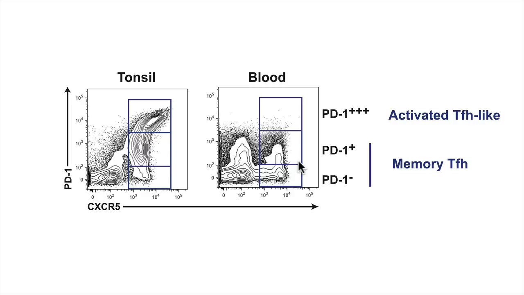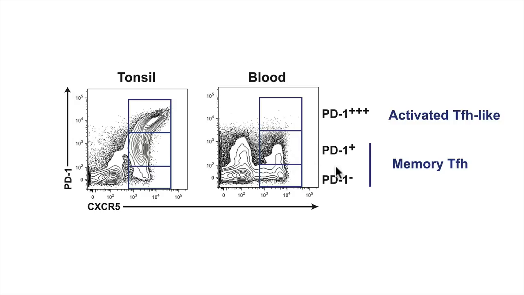And memory TFH cells can be stratified by additional markers, and these cells seem to have or do have distinguishable functions. And we observed, for example, that the PD-1 expressing memory TFH cells in humans that do not have a Th1 bias, that are CXCR3 negative, were the cells that had the greatest functionality for B-cell help in vitro.